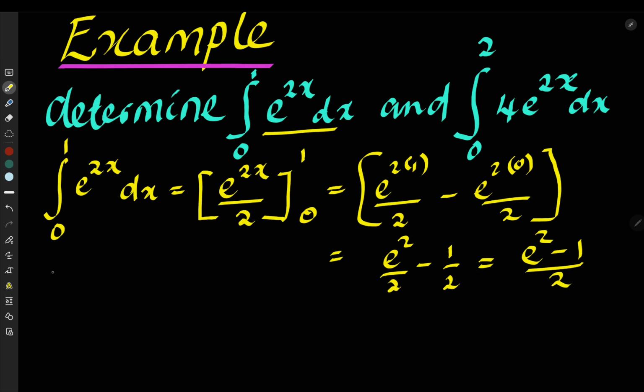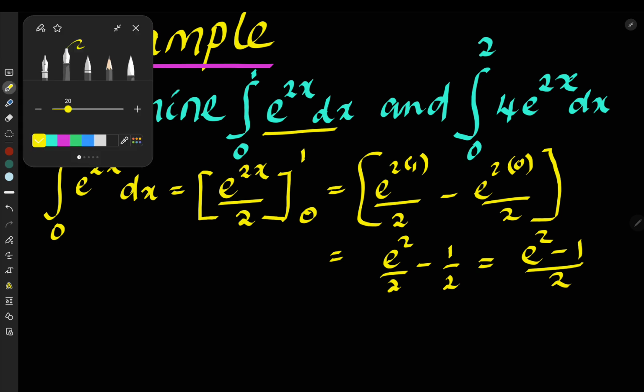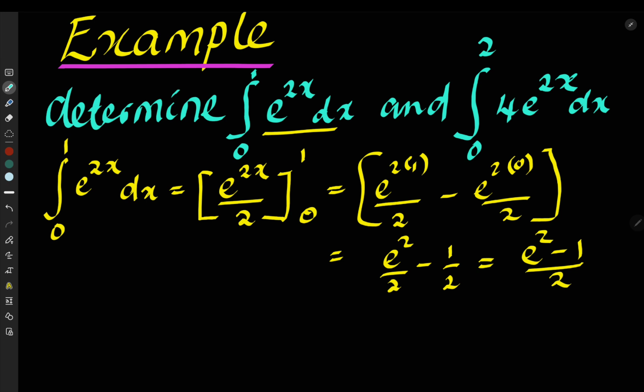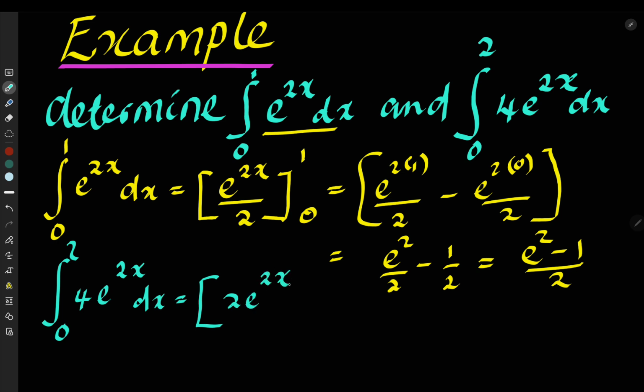Now, looking at the definite integral of 4e to the power of 2x with the limits 0 to 2 dx, the integral of that will simply be equal to, in a square bracket, 4e to the power of 2x divided by 2, and that becomes 2e to the power of 2x.